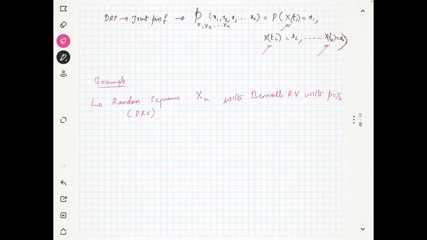Then the joint PMF: since this is a discrete random process, we talk about the PMF. The PMF is the probability that x1 takes the value small x1, similarly x2 takes the value small x2.